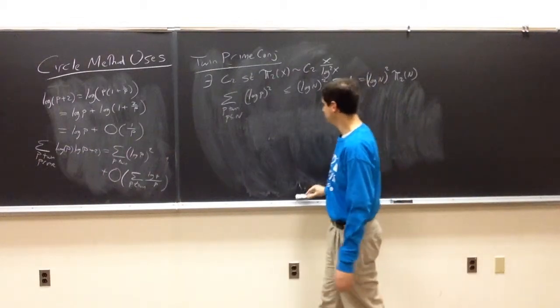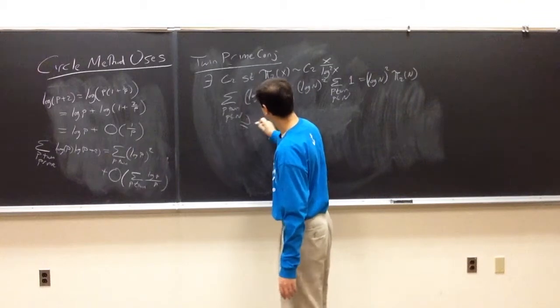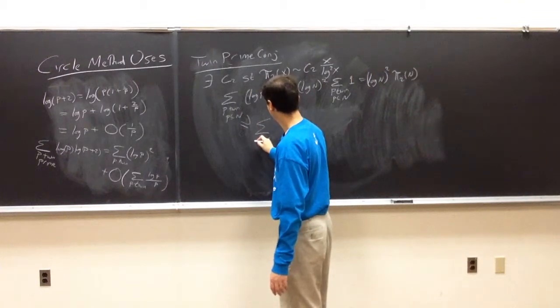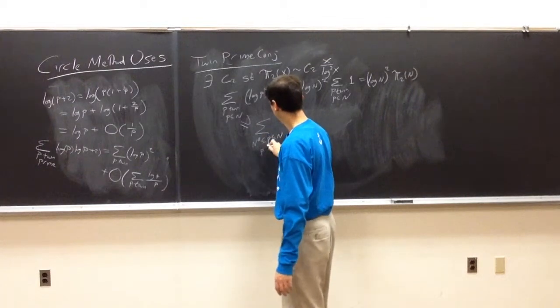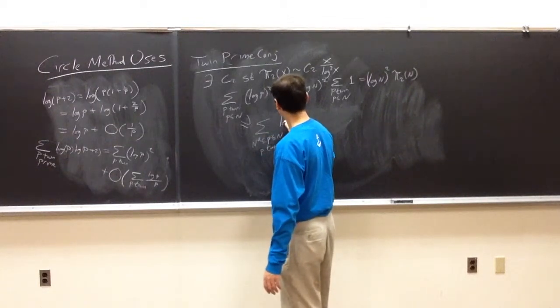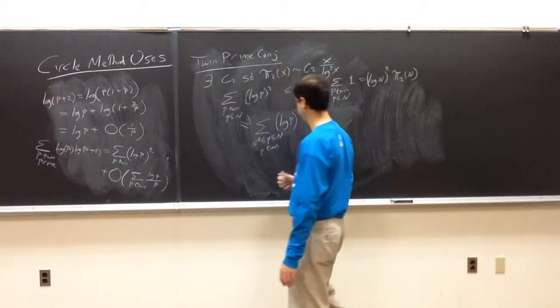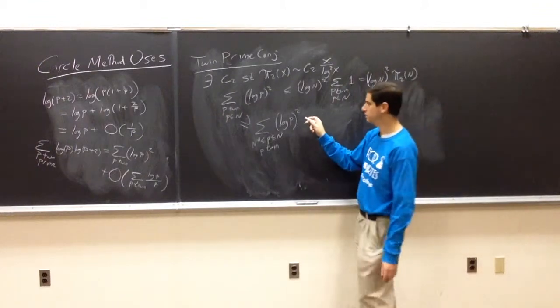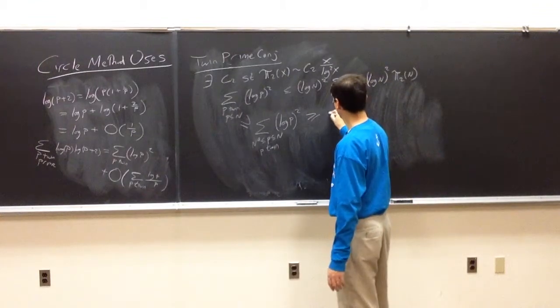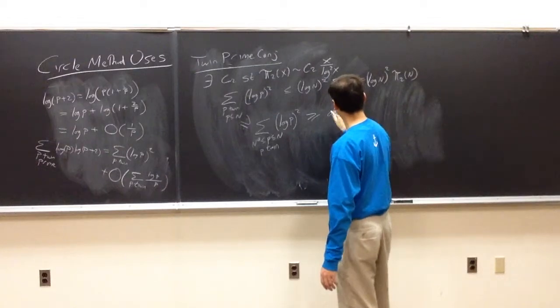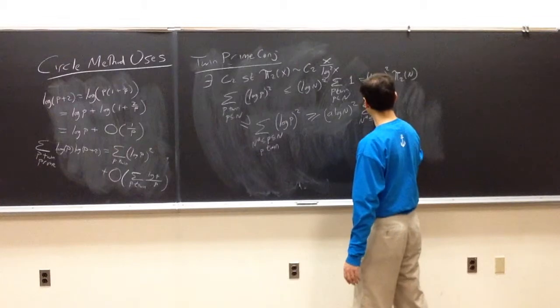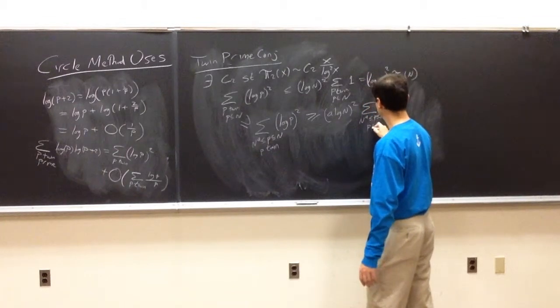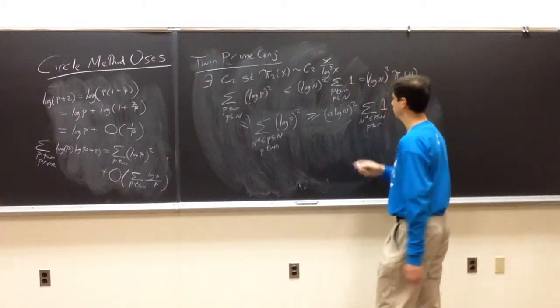So in questions like this, you can always do things in some generality, and we can say that this would be greater than or equal to the sum over n to the a less than or equal to p less than or equal to n, p a twin prime, of log of p squared. And now I can replace this with log n squared times the sum over n to the a less than or equal to p less than or equal to n, p a twin prime, of 1.